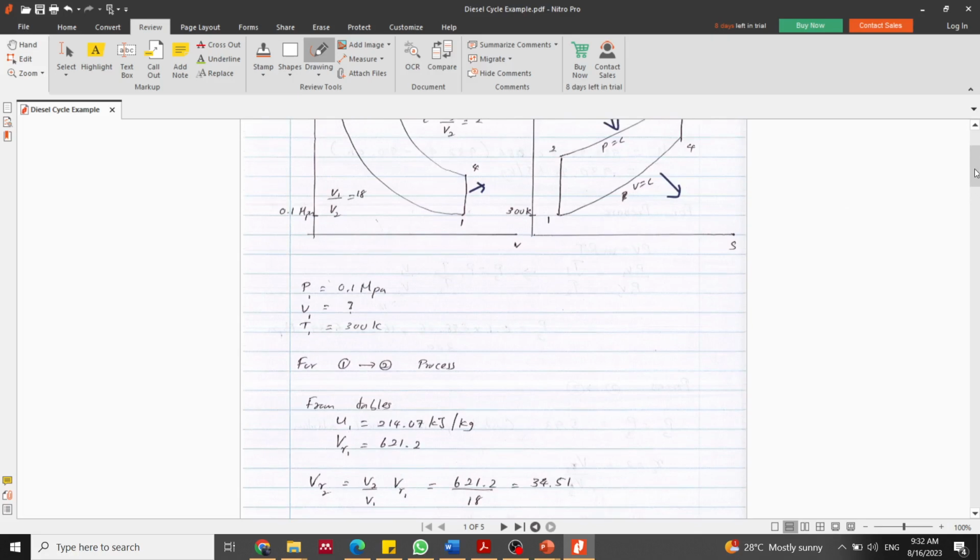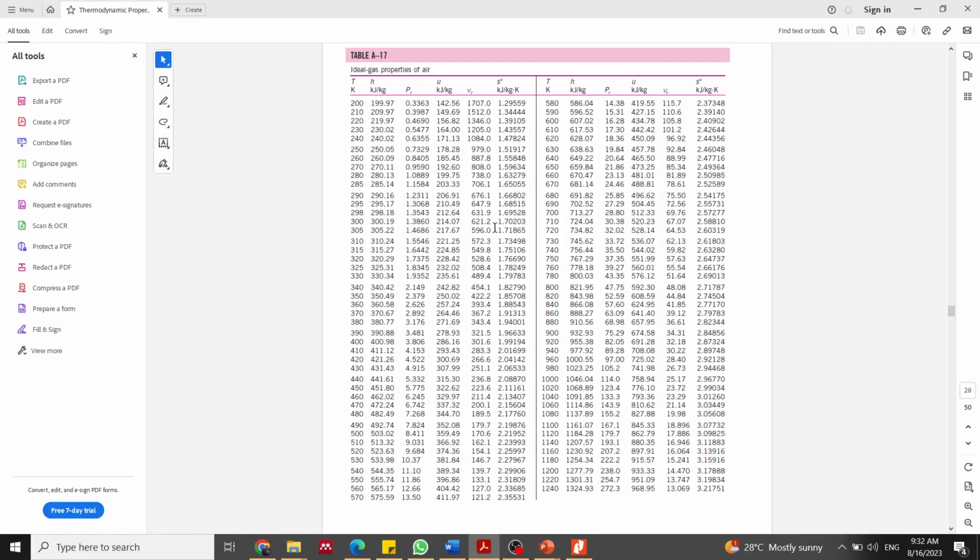From the air tables we can find the u1 value. We are interested in the ideal gas properties of air, and our temperature is 300. So this is the line we are interested in.